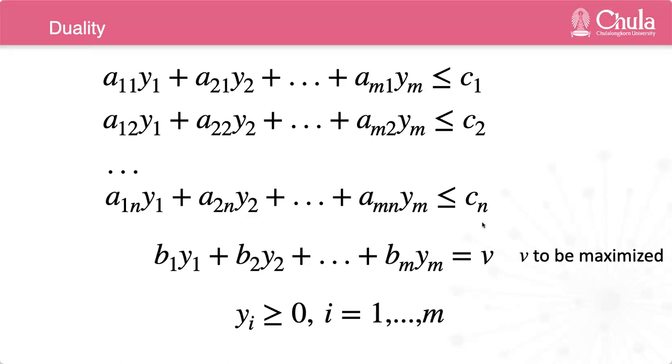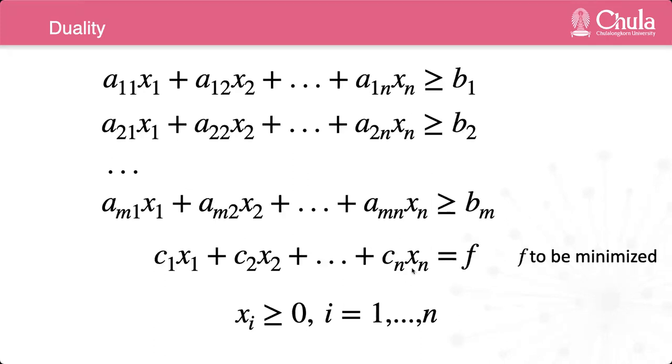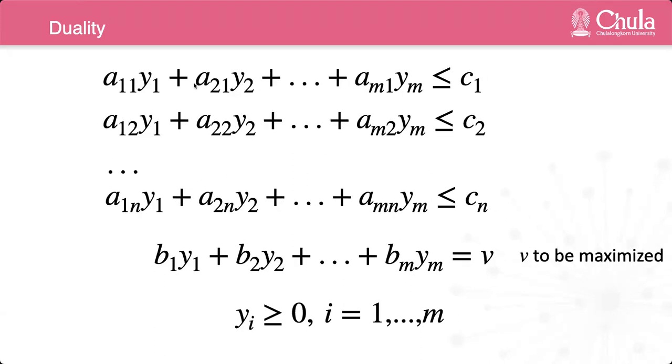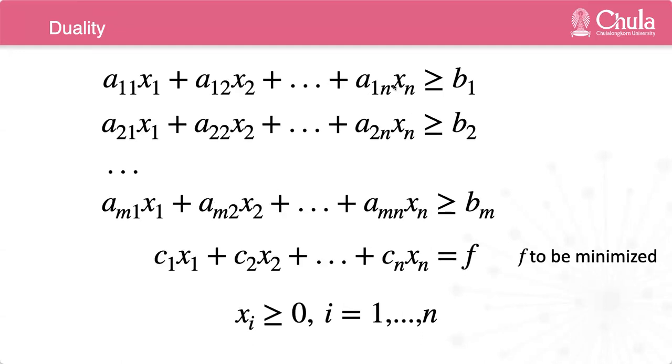And the coefficients of the objective function consist of B1, B2 to Bm. And the matrix A is not the same, sorry, it's A11 to AM1. It's the transpose of the original problem.